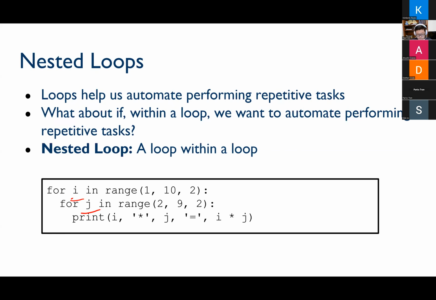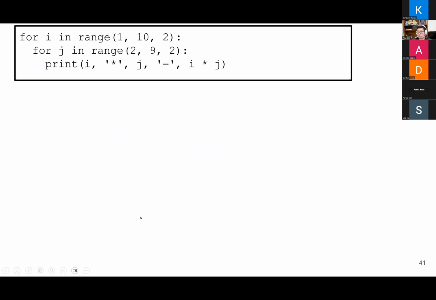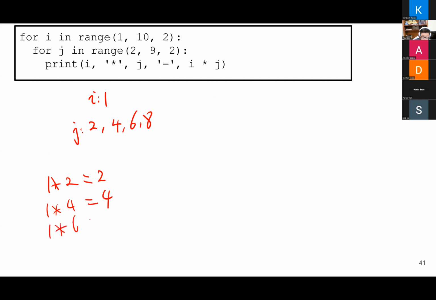Okay. So to give you the visualization in here, you can think I equals 1, and J would be 2, 4, 6, 8. And you're going to print out 1 times 2 equals 2, 1 times 4 equals 4, 1 times 6 equals 6, 1 times 8 equals 8.